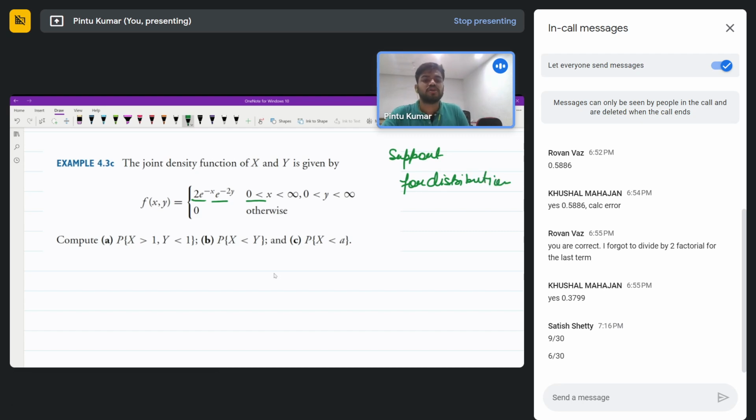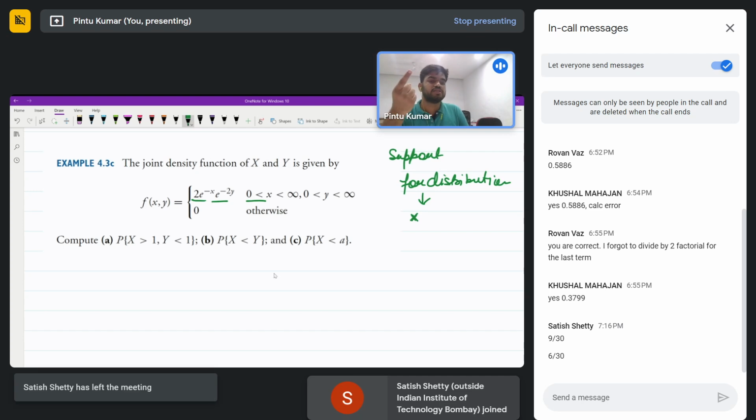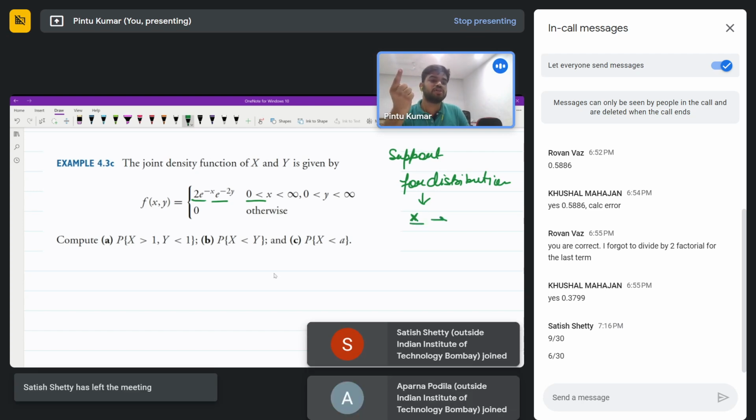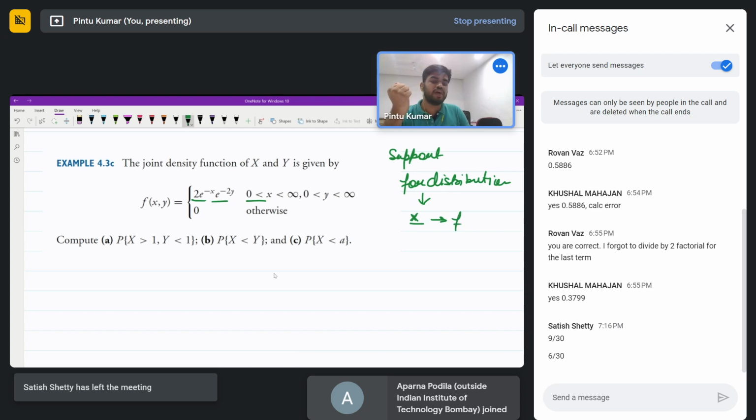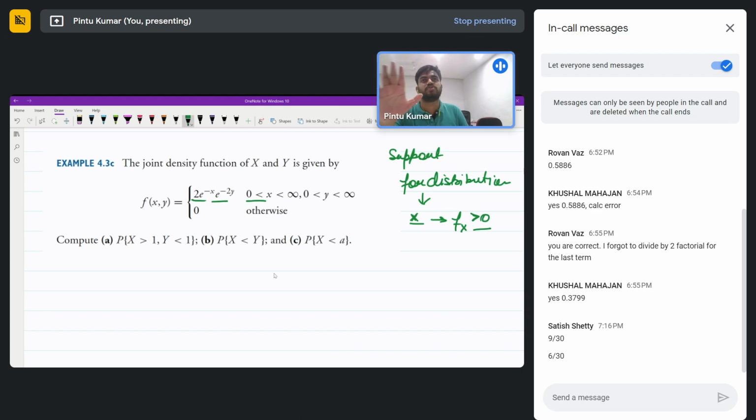So what is support? Support for a distribution is any value of x. If it is a random variable in one variable, then it is the value of x for which your f of x is strictly greater than 0, that is, you are getting non-zero probabilities.